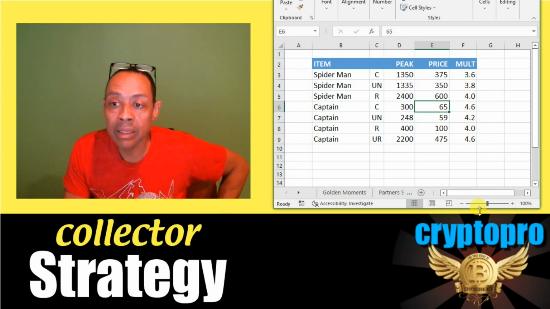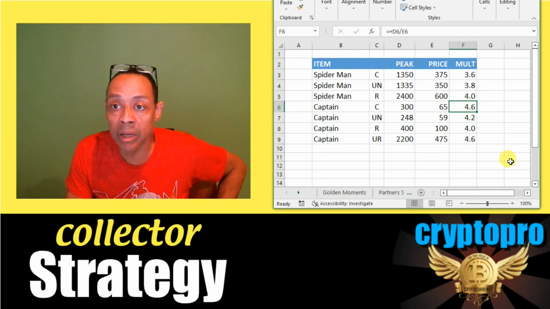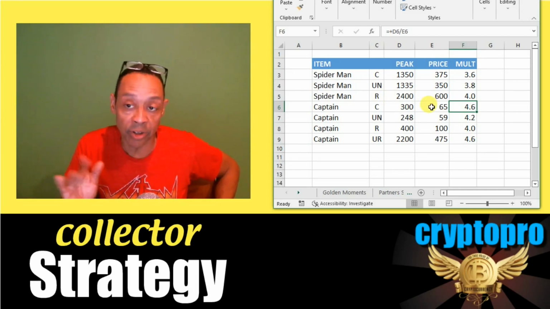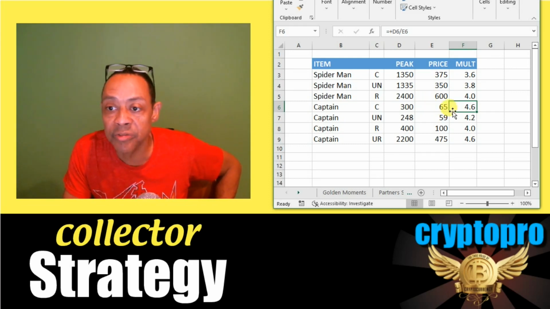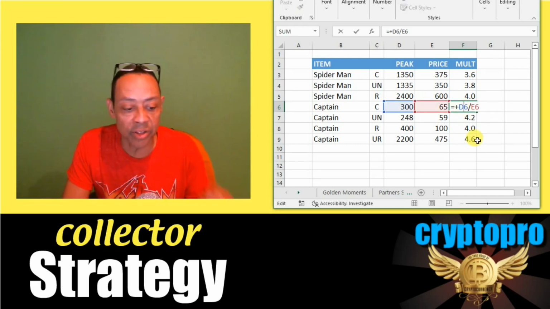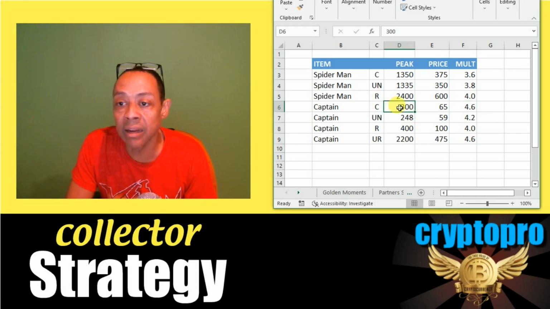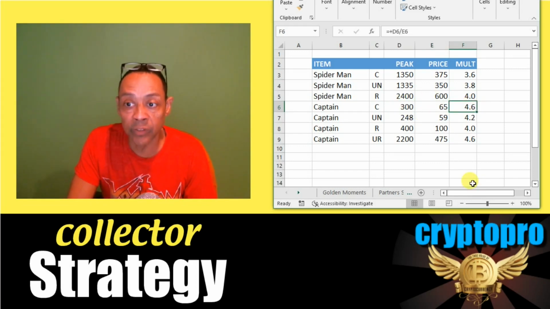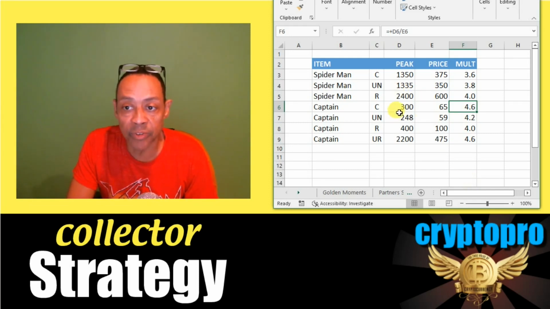And then last but not least, for the formula, you're going to type an equal sign or a plus sign, and you're going to select the two cells, D and E. In other words, you're going to divide, not multiply. You're going to divide one by the other. You're going to take that peak price here and divide it by the current price to see what your multiplier is from current price to the previous peak price.